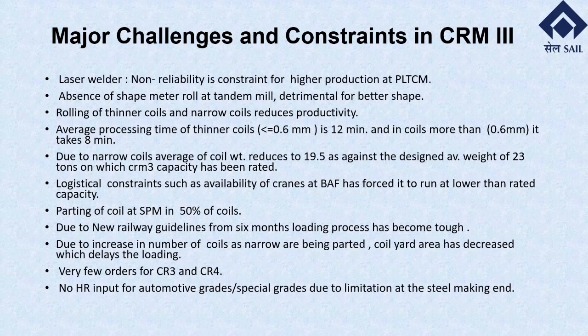The second challenge for us in PLTCM is the absence of a shape meter roll, which is detrimental for better shape. It was there in the design, but due to spare issues and other issues, it has not been continued. The procurement process is there for a different shape meter roll, which may take around 1 to 2 years to get installed.